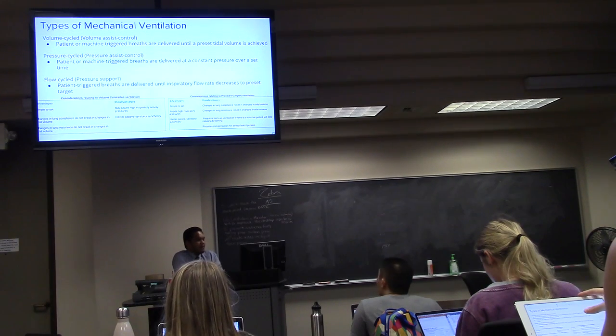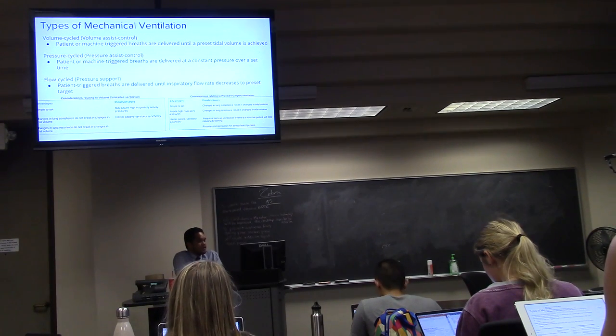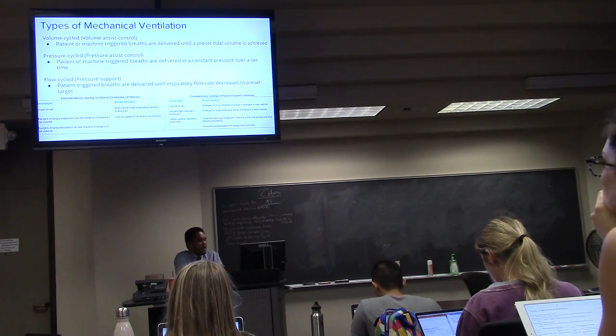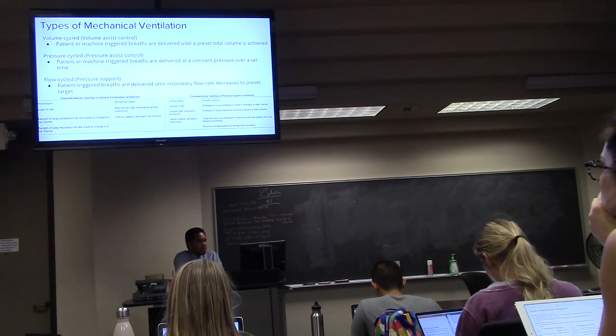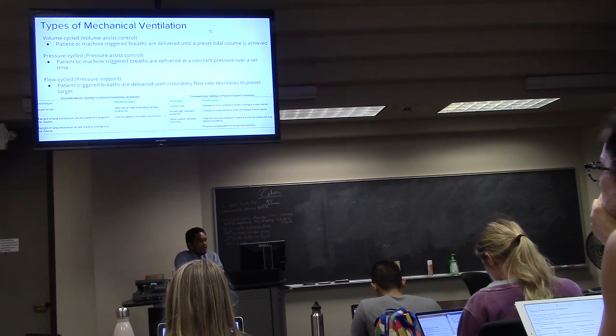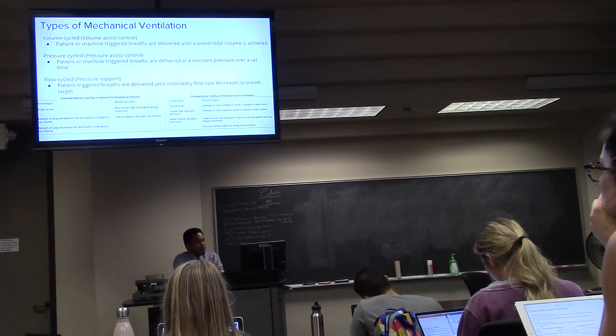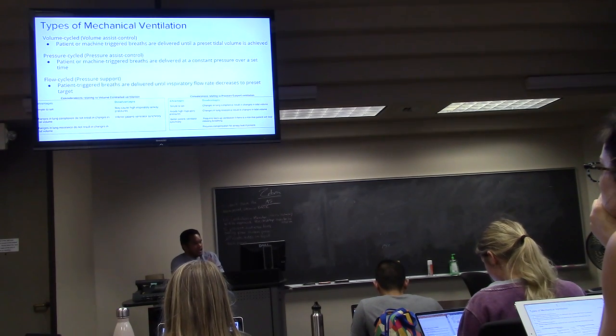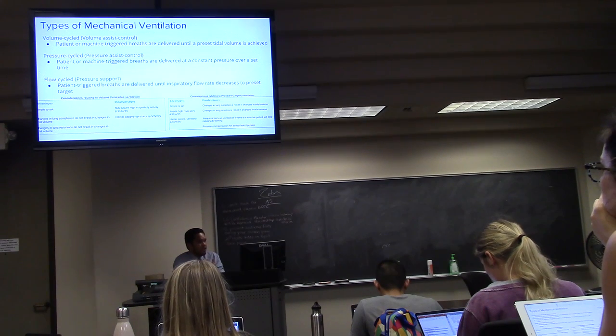So, types of mechanical ventilation. There are a number of ways to group them, but the way I like to group them is volume cycle, pressure cycle, and flow cycle. In volume cycle, each breath is determined by the amount of volume you want the patient to receive. So the initiation and termination of the breath is determined by the amount of volume you want that patient to receive.